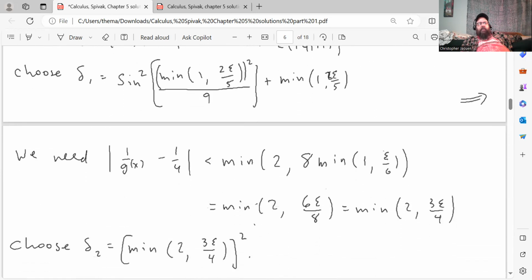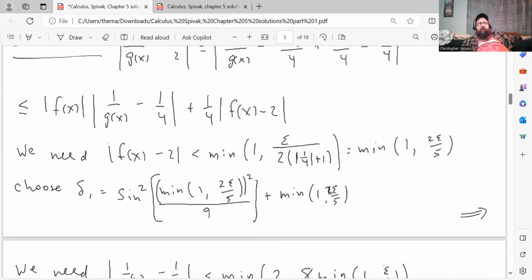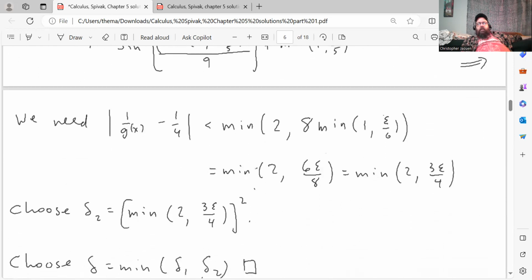And then we also have to have a bound for |1/g(x) - 1/4|, because that's this part here. Again, appealing back to the lemmas from the chapter, that'll happen if we make this less than min(2, 8 times min(1, epsilon/6)). And here you can actually simplify this because 8 obviously is greater than 2.